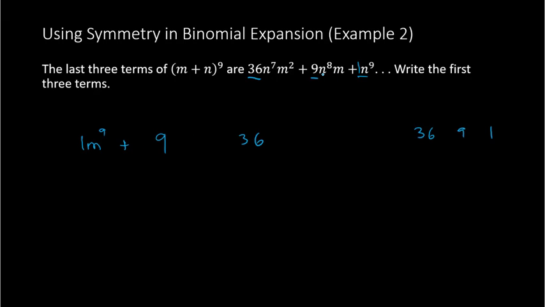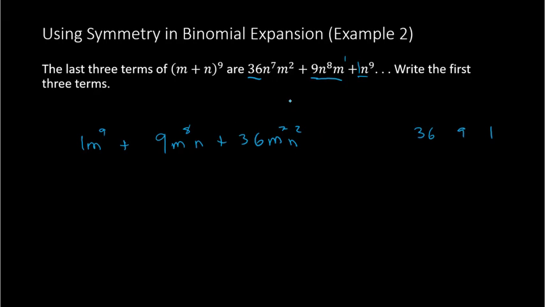The second term had n to the 8th, m to the 1st. So then over here it's going to be m to the 8th, and then n to the 1st. And then here we had 36 n to the 7th m squared. Now it's going to be 36m to the 7th, and then n squared. So that's going to be your first 3 terms.